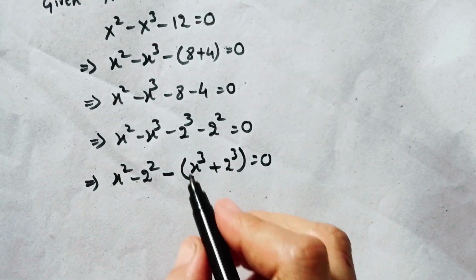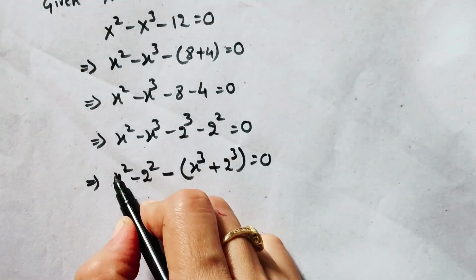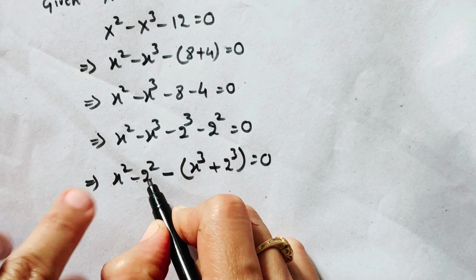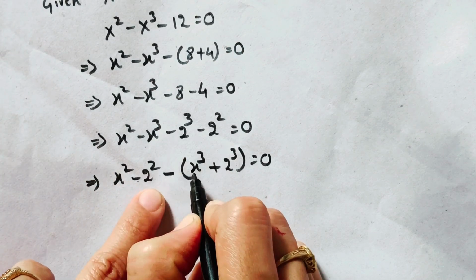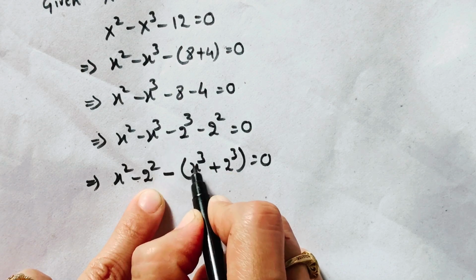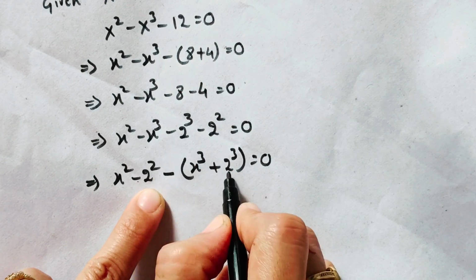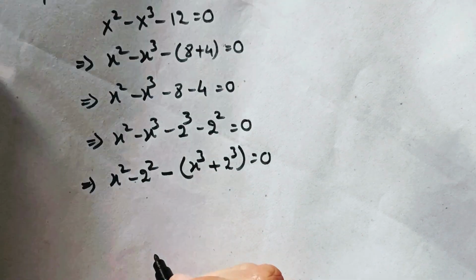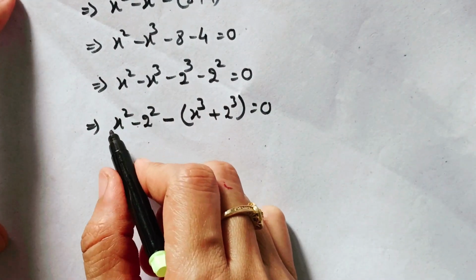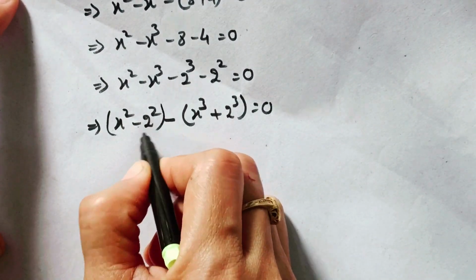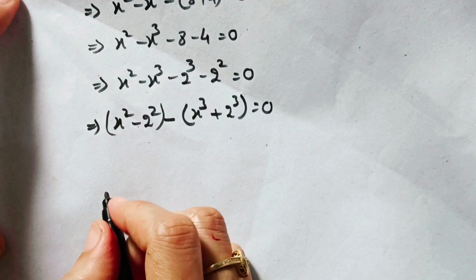Have you got this step? Look here, this is x square and 2 square, I wrote them on one side. Minus of plus is minus x cube, minus of plus is minus 2 cube. By looking at both, we can remember the formula.